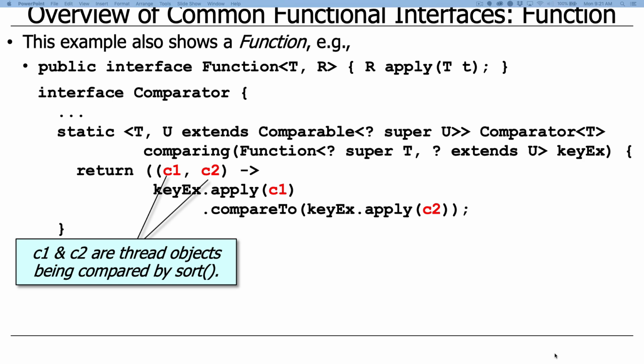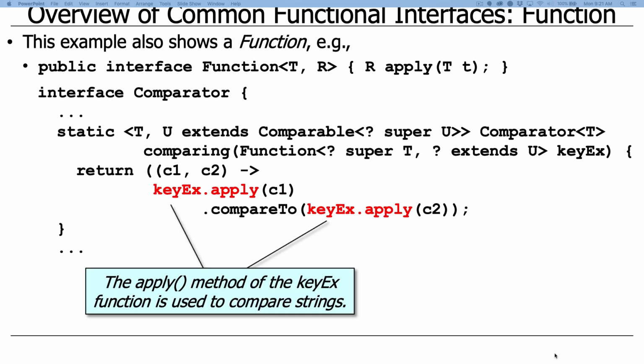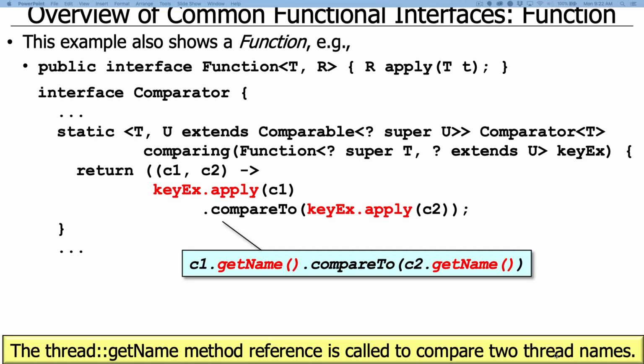So what they're doing here is taking the apply method, keyExtractor.apply, passing in the thread object, and that's going to return a string. So we're mapping the thread object to a string. If you were to think about how it would all be expanded, it would be c1.getName().compareTo(c2.getName()). So we're comparing the names with each other.